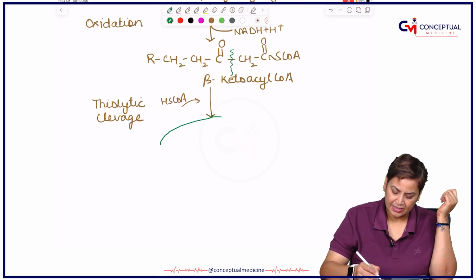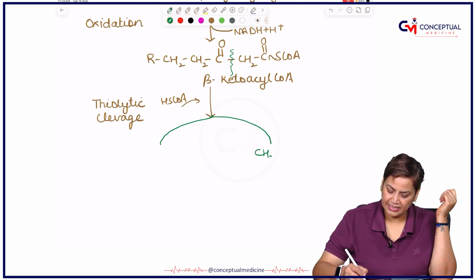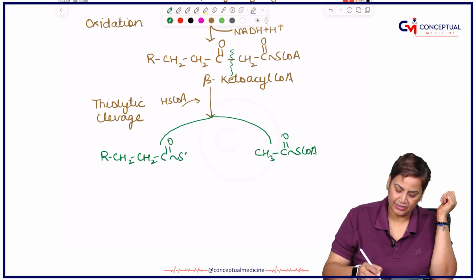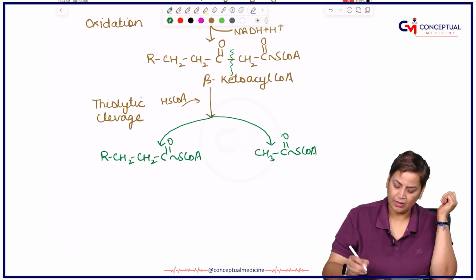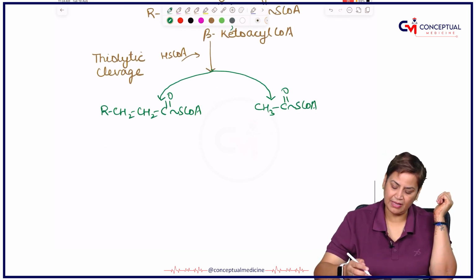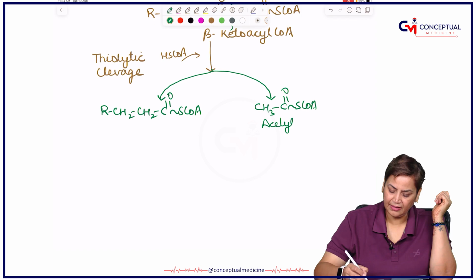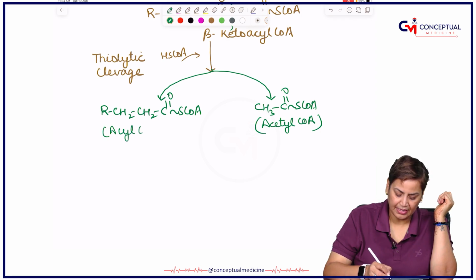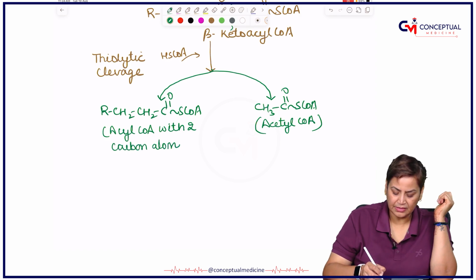If you see the products, we are going to get CH3, C double bond O, SCoA plus what is remaining over, CH2, CH2, C double bond O, SCoA. Right. And if we have to name them, this is acetyl coenzyme A and this is acyl coenzyme A with 2 carbon atoms less than the parent carbon atom.